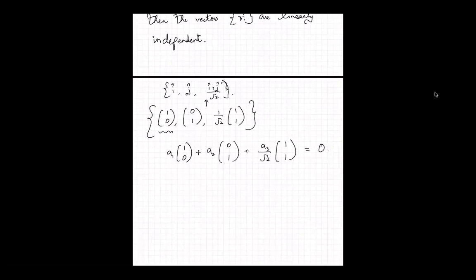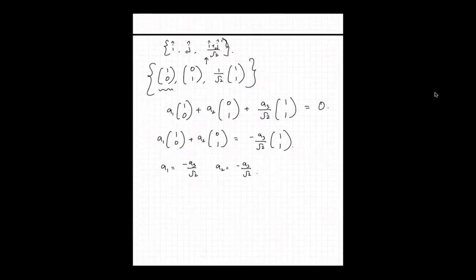So I can rewrite this equation as a1 times (1, 0) plus a2 times (0, 1) equals minus a3 over root 2 times (1, 1), which tells me that a1 is minus a3 over root 2 and a2 is also minus a3 over root 2.